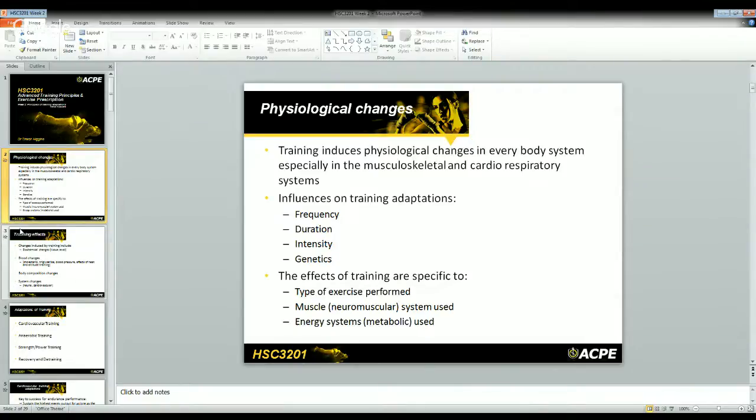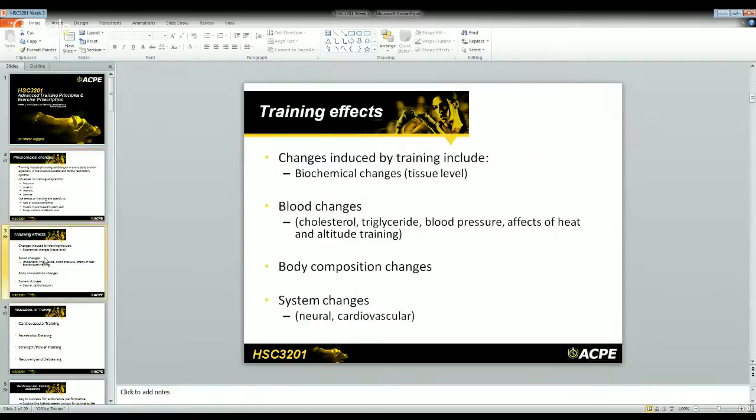So what I'd like you to look at now is what sort of things we're going to look at. With the training effects that we talk about, we're looking at the biochemical changes, and that's at the tissue level. When we go right into that very basic cell position, we're talking about changes in the biochemicals, from your lactate, your hydrogen ions, ATP and PC production and expenditure.